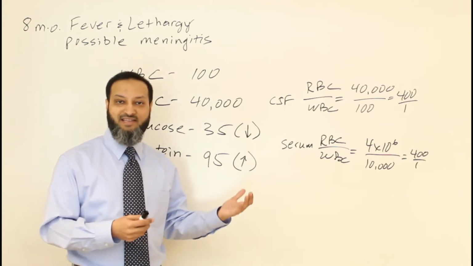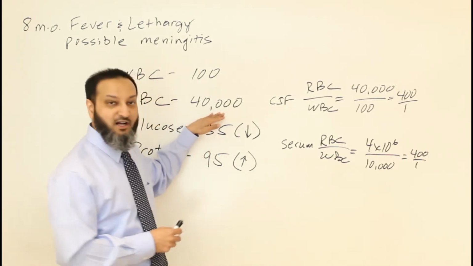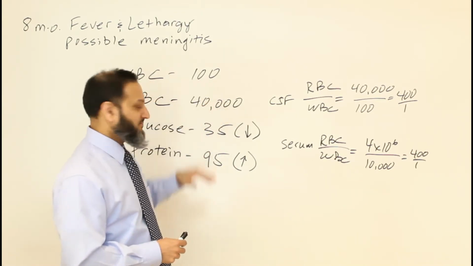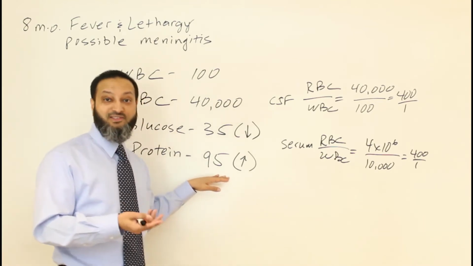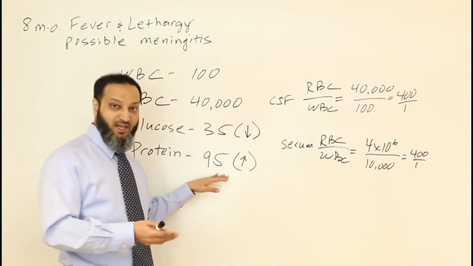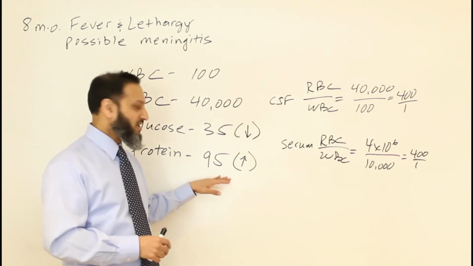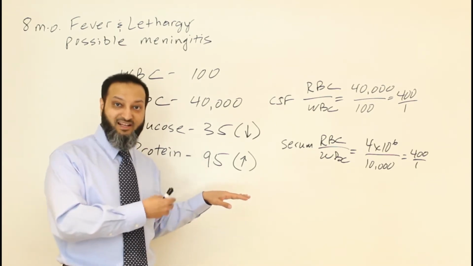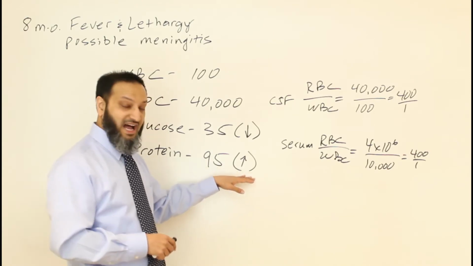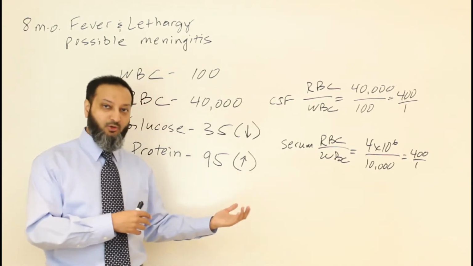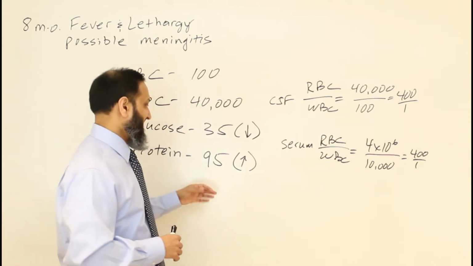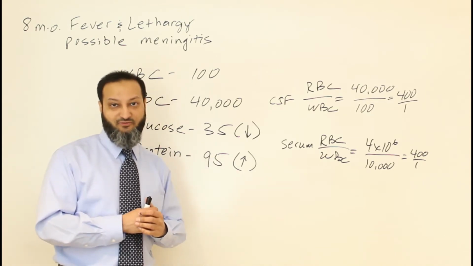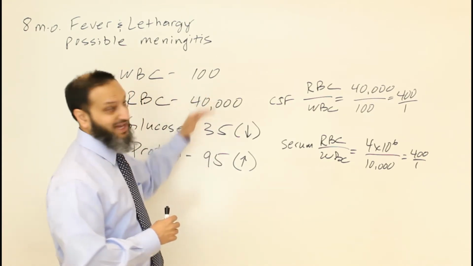When you did the traumatic tap, you introduce red cells, you introduce white cells, and you introduce everything else that's in the serum. Albumin, immunoglobulins, other proteins. So the protein is falsely elevated because of the traumatic tap. And it's just flagged as high because it's out of the normal reference range of the lab, but it's not necessarily high because of an infection like meningitis. It's high from the traumatic tap.